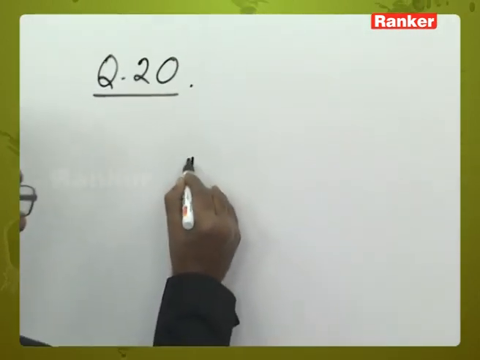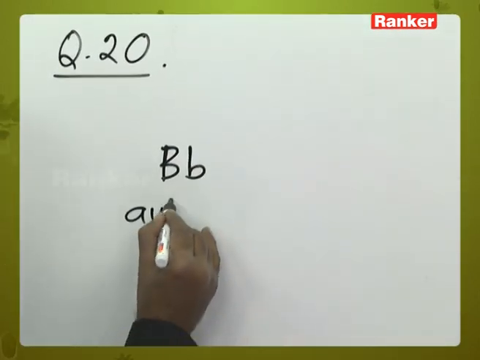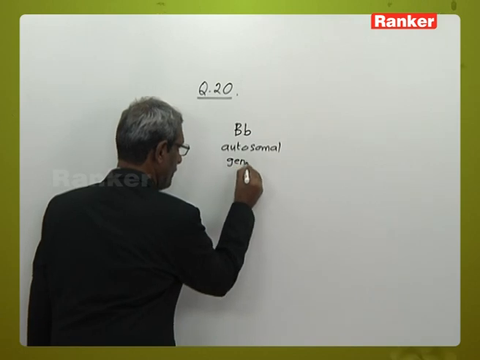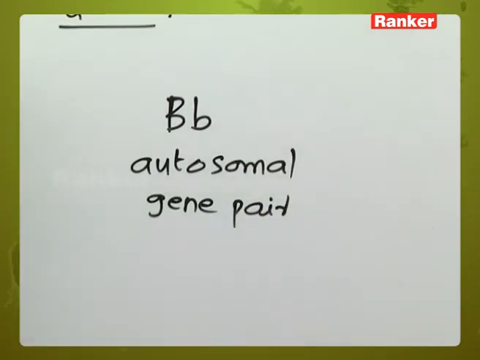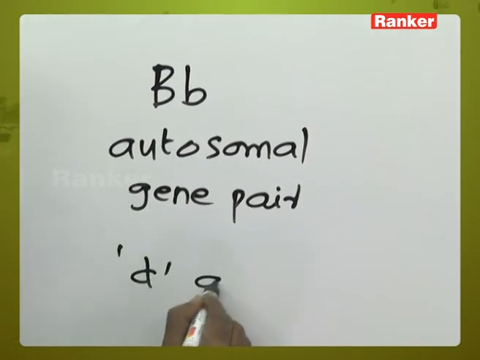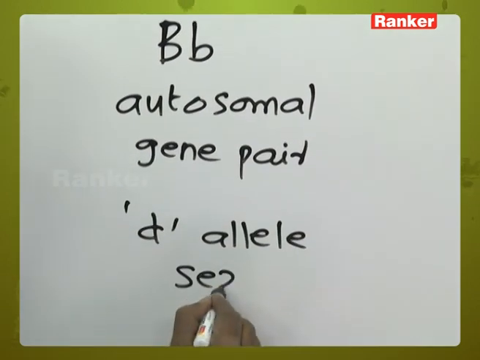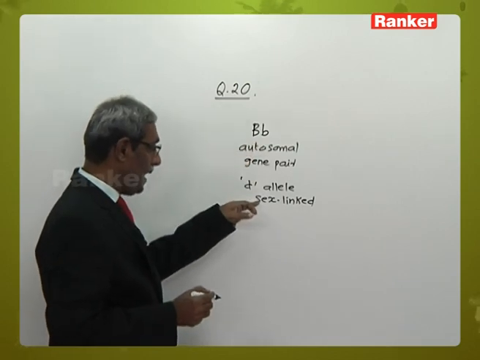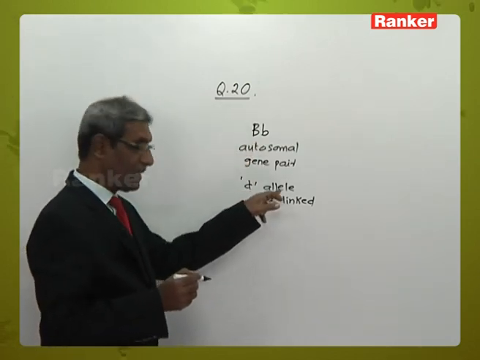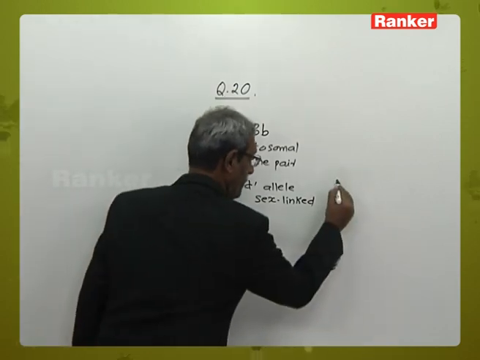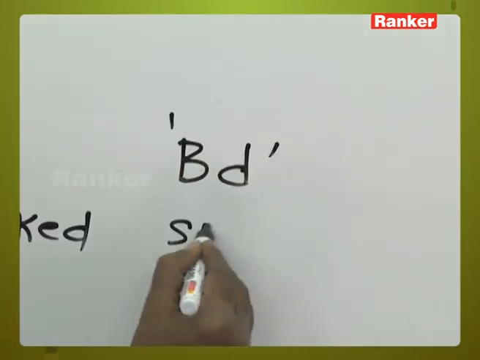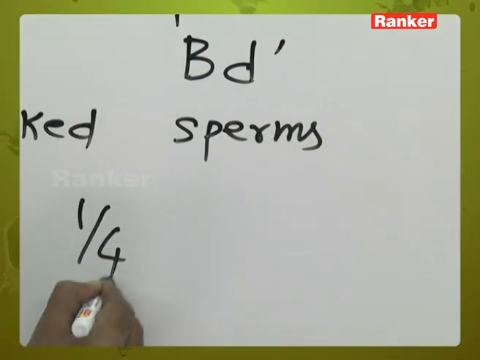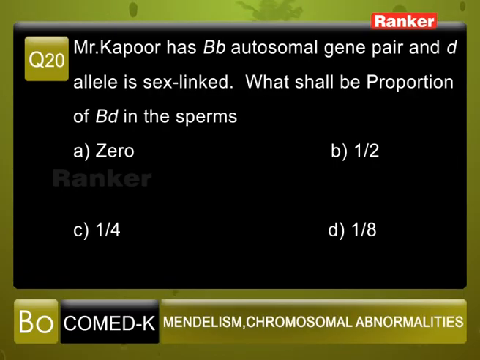So when we have capital B and small b, which is an autosomal gene pair, and we have the D allele which is sex linked, given that the parent is capital B and small b and the sex linked gene is capital D, small d, the proportion of capital B and D in the sperms among the choices is 1 by 4 or 25%. Hence, the answer is C.